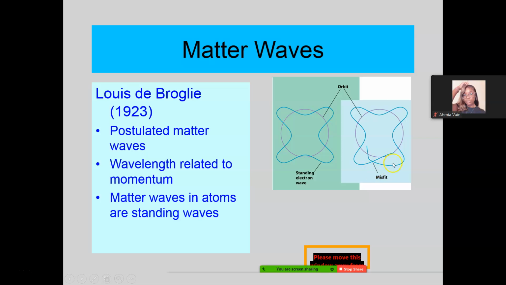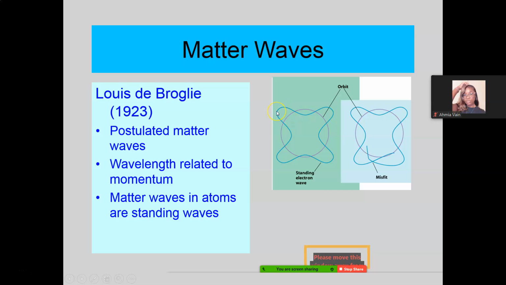This would not be a standing wave because it starts here and winds up there. It doesn't connect. A standing wave does connect, and this is why there's no acceleration, no loss of energy, even though it is moving in a circle, because it's a standing wave.